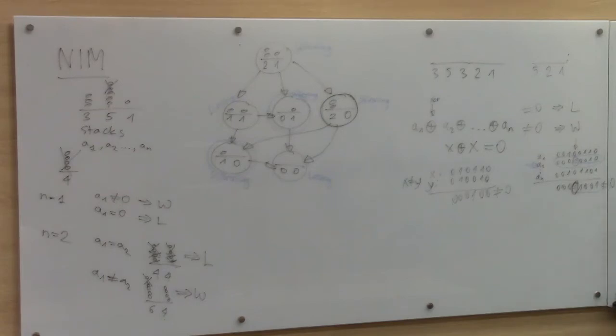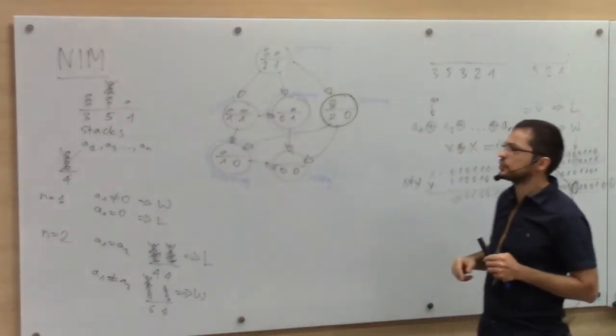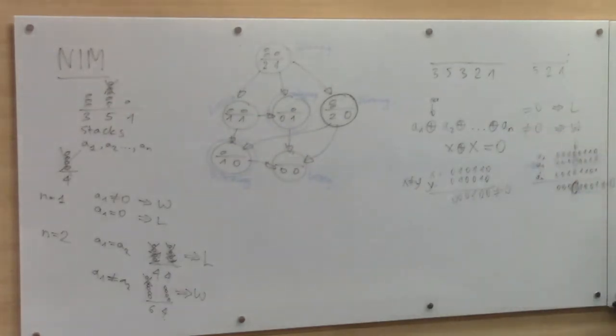So basically, if the XOR is positive, we can say that this is the winning position. And we have the third case, which is to consider losing positions. We must show that if we have a losing position, namely if we have XOR equal to 0, every possible move goes to a position with XOR which is non-zero.